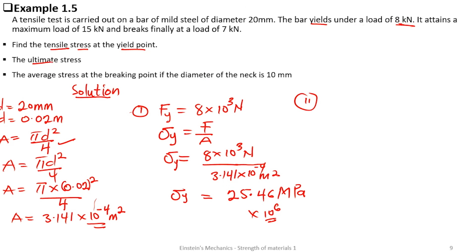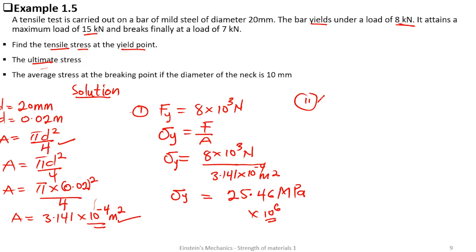The ultimate stress. Remember the same area. The ultimate stress from the question, it attains a maximum load of 15 kilonewtons. Ultimate or maximum, we can use this force because it's the maximum load and we have to find the maximum or the ultimate stress.